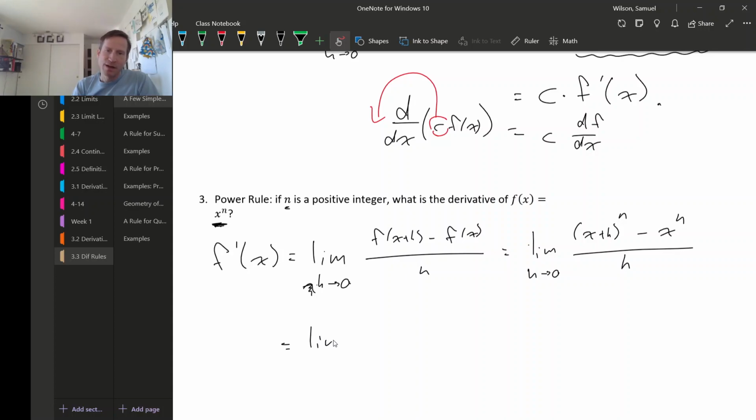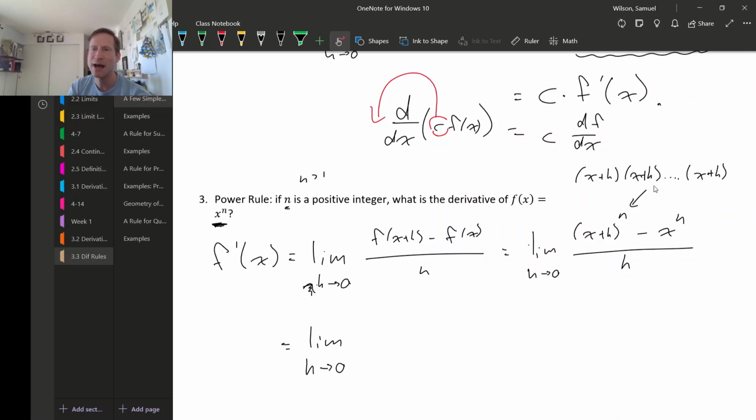Okay, now we know that n is a positive integer, so this exponentiation represents repeated multiplication. And since it's positive, n has to be at least 1. So let's think about what happens if we repeatedly multiply x plus h times itself, right? So this is really x plus h times x plus h times x plus h over and over again.